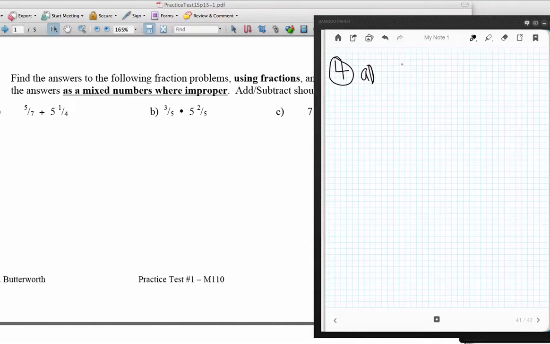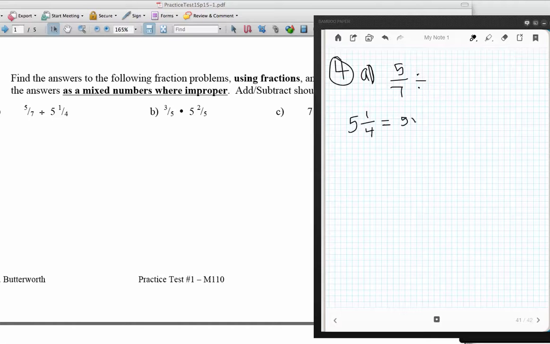A says we have 5/7 and we need to divide that by 5 1/4. To divide fractions, we need improper fractions if we have mixed numbers. So I first need to change 5 1/4 to an improper fraction. That means I multiply the denominator times the whole number and add in the numerator.